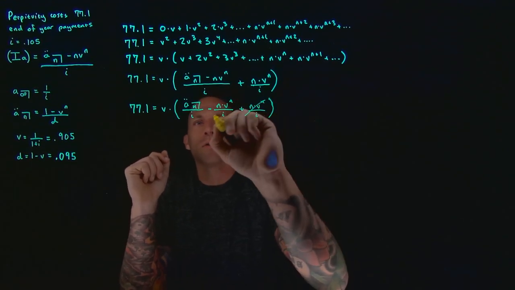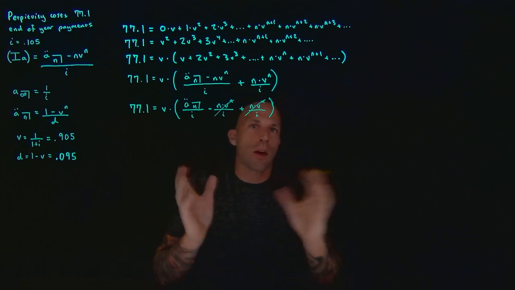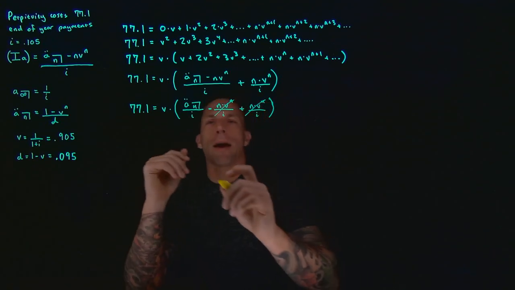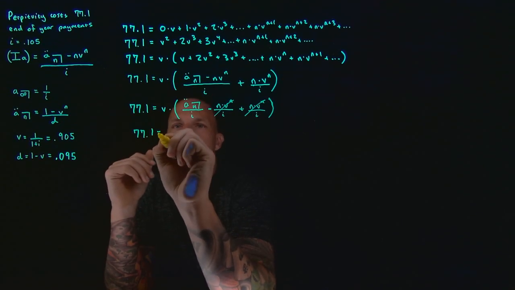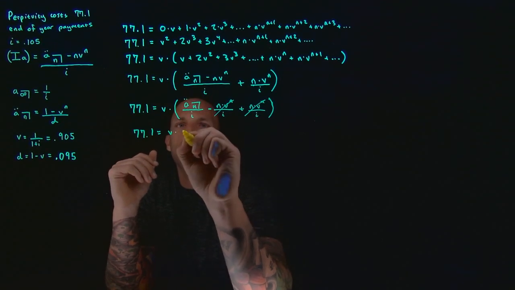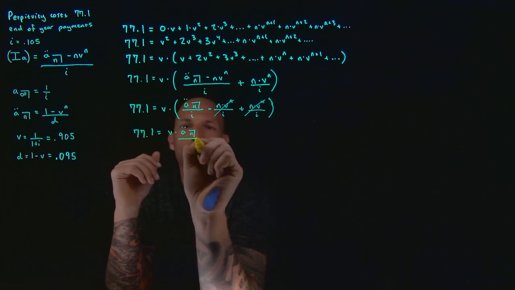So these terms cancel, and really that's a very good sign: if you get a nice cancellation like that, you're on the right track. So rewriting, we've got 77.1 equals v times a double dot n over i.